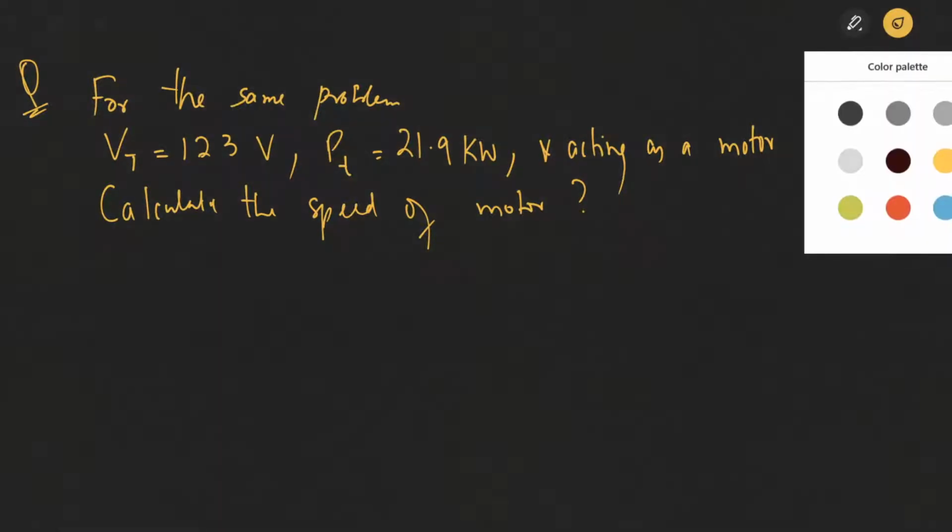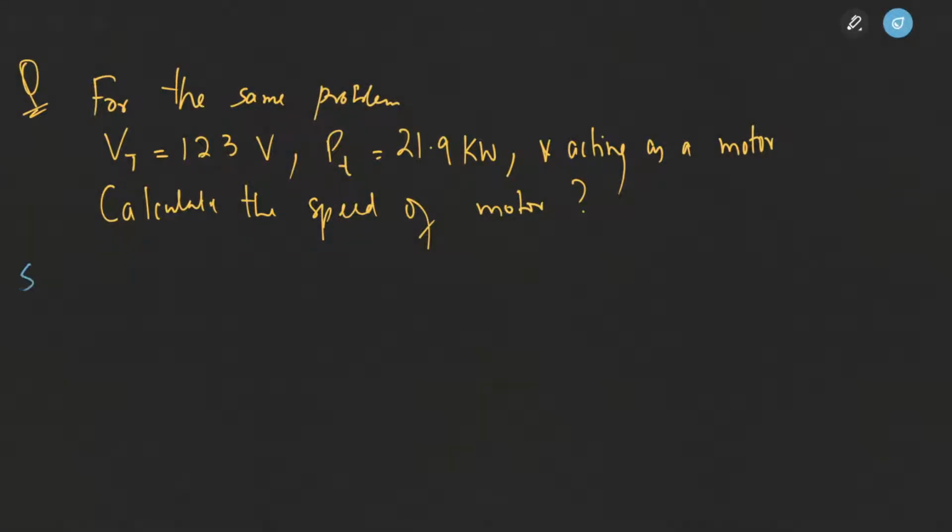So for the same problem with Vt equal to 123 volts and the terminal power equal to 21.9 kilowatts, with the machine acting as a motor, we have to calculate the speed of the motor. We know terminal power is equal to Vt into Ia.